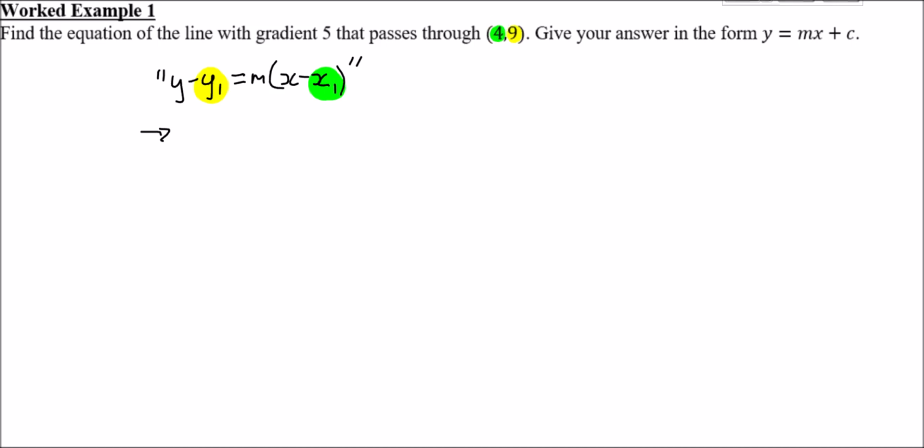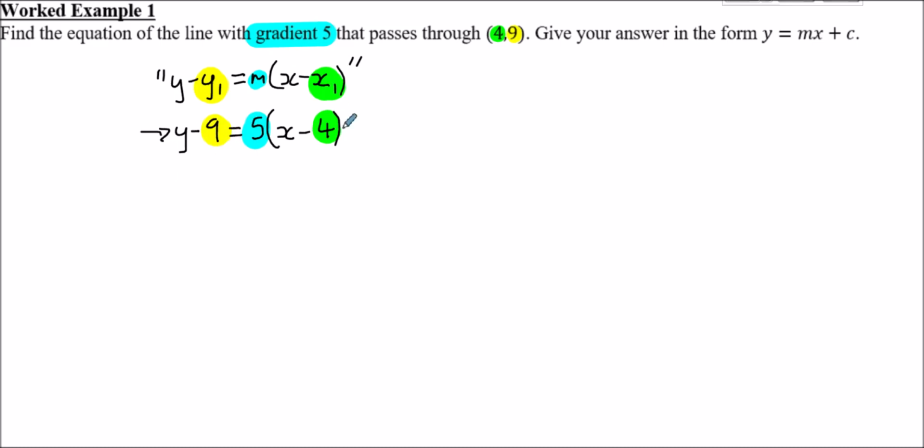And so we can substitute in these values. In fact, we're also told that the gradient is 5, and so we can pop this in for our value of m. So just substituting in these values, we have y minus 9 equals 5 brackets x minus 4, because our y1 was 9, our gradient m was 5, and our known x-coordinate, x1, was 4.